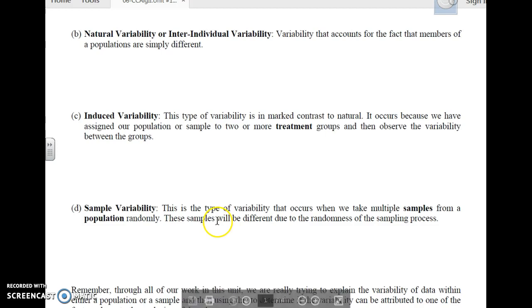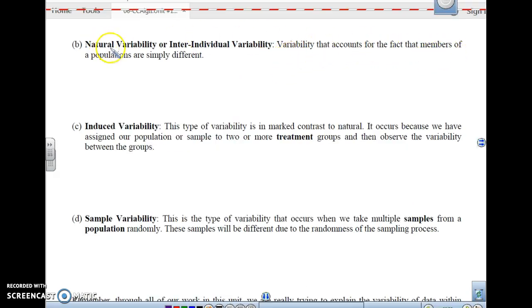Okay, the second kind of variability is natural variability. Sometimes it's called inter-individual variability. That is variability that accounts for the fact that members of populations are simply different. Okay, so what makes a population vary? For example, two people work out the same amount of time, but lose a different amount of weight.